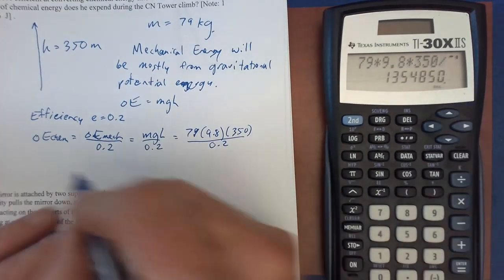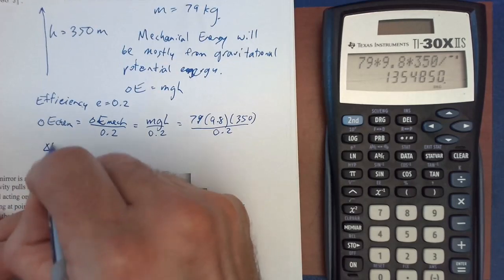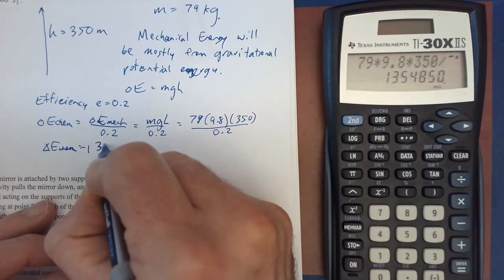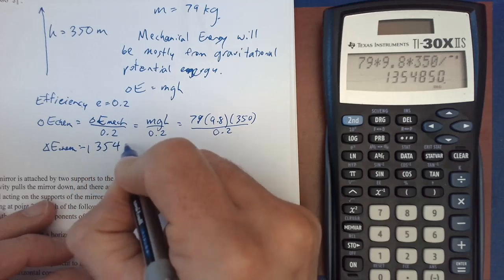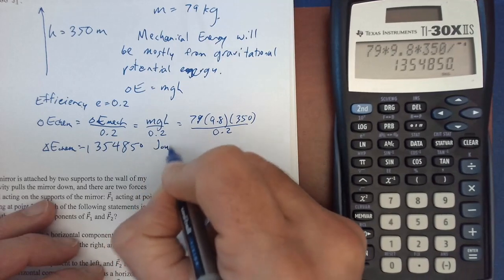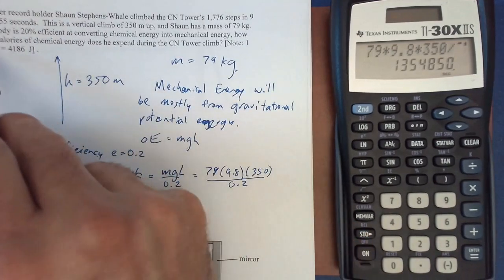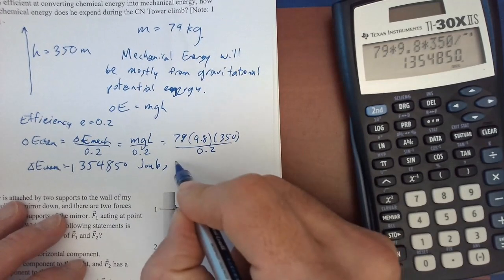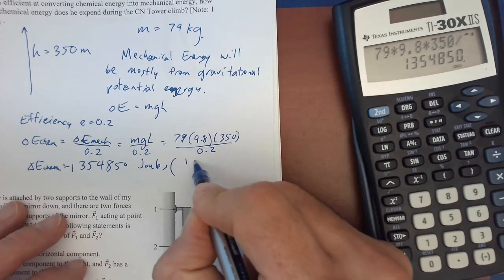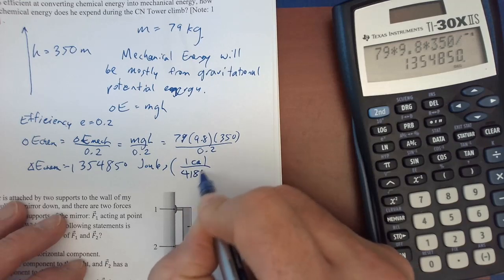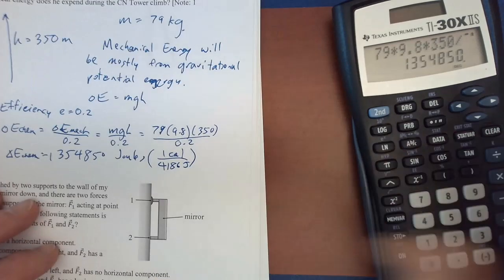Oh yeah. So delta E chem is 1,354,850, and that's going to be in joules. But we were given 1 food calorie is 4,186 joules, so I'm going to multiply this by 1 calorie per 4,186 joules to cancel out the joules.